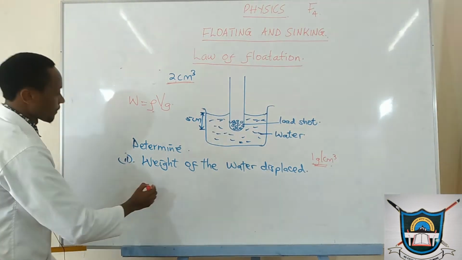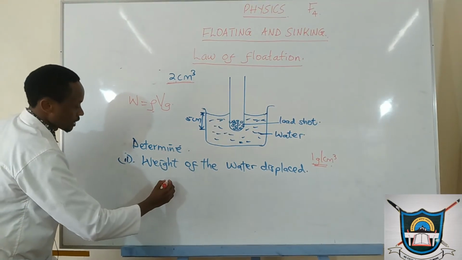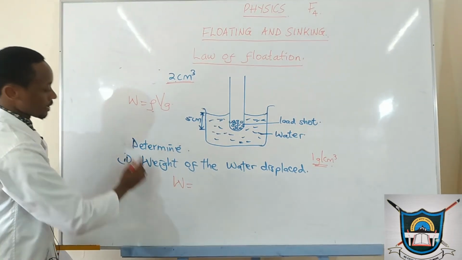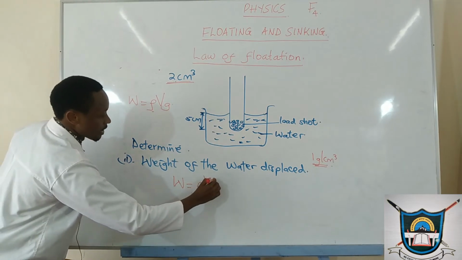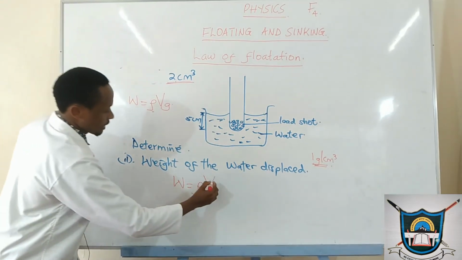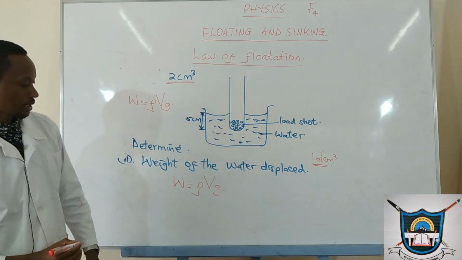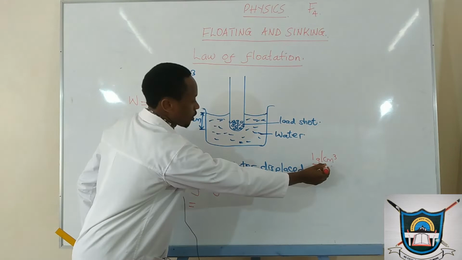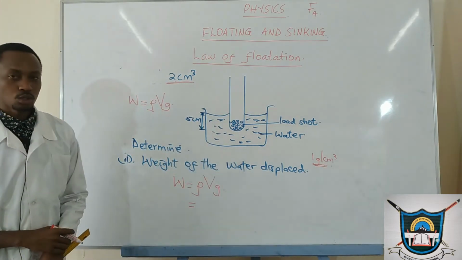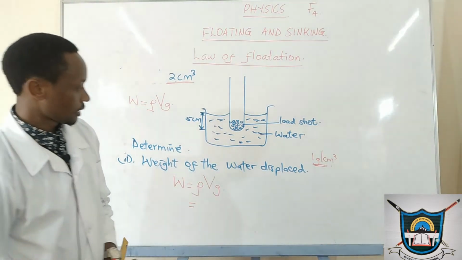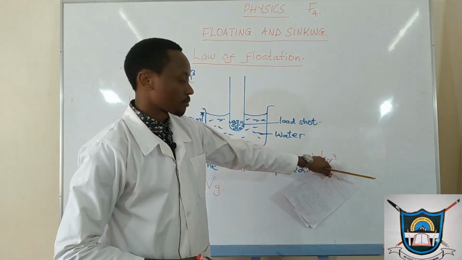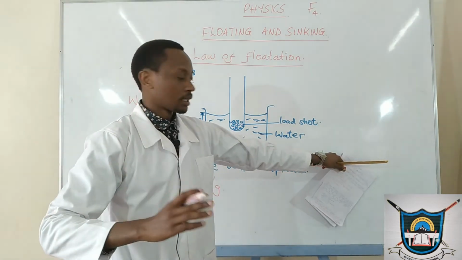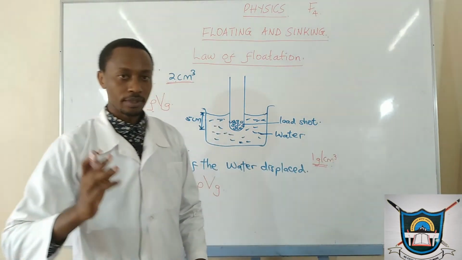So to get the weight of the water displaced, it is given by density times the volume of that water times the gravitational acceleration, which is 10. The density of water is 1 gram per cubic centimeter, but we can convert this into kilograms per cubic meter by multiplying by 1,000.